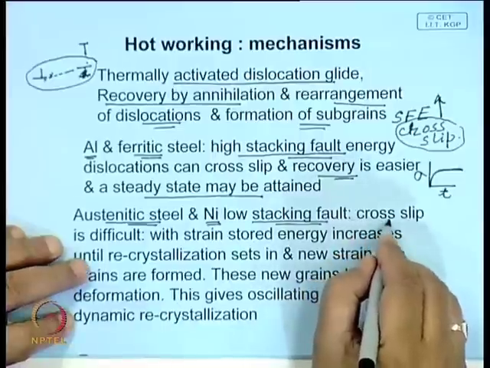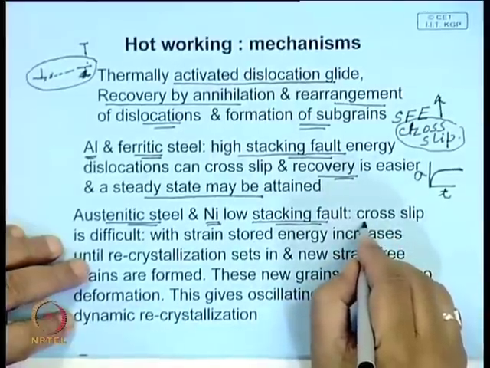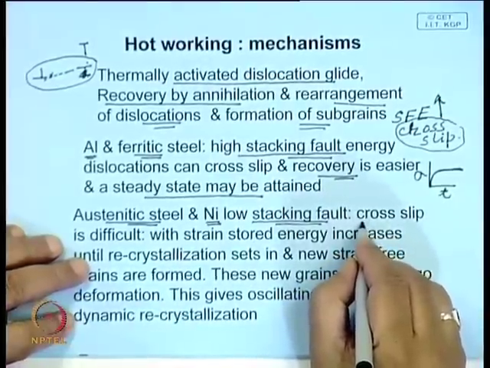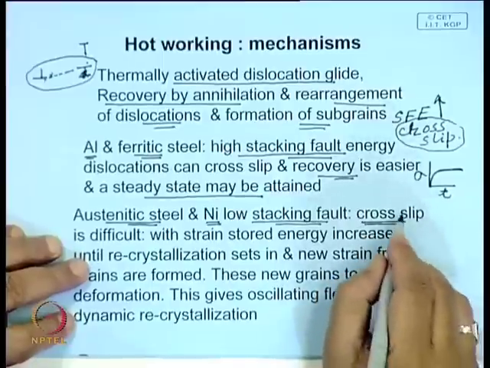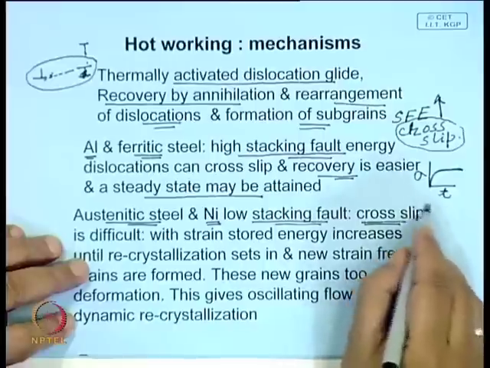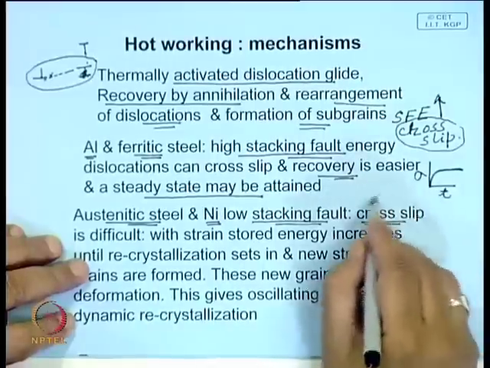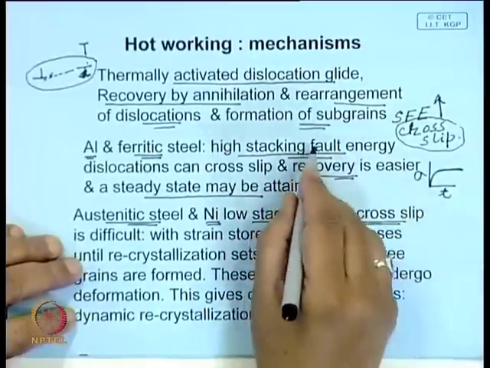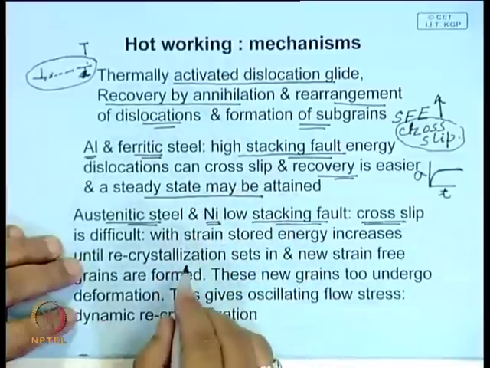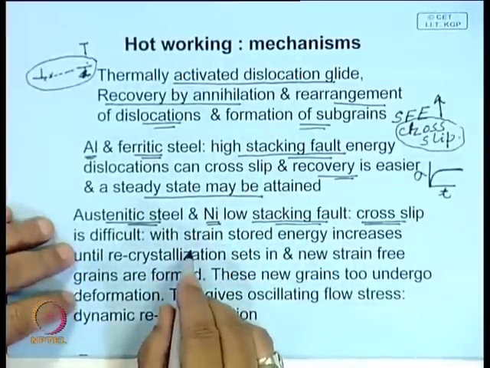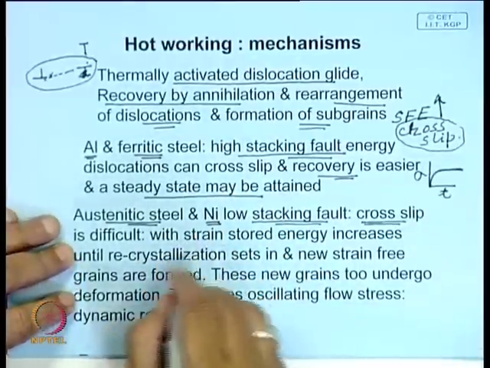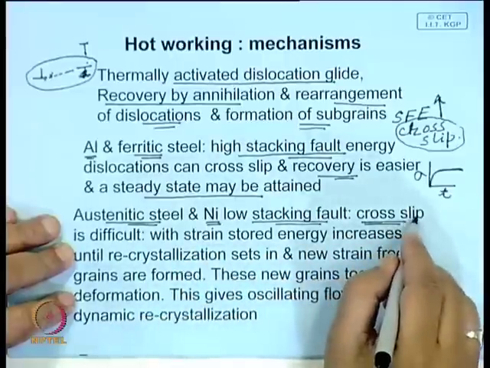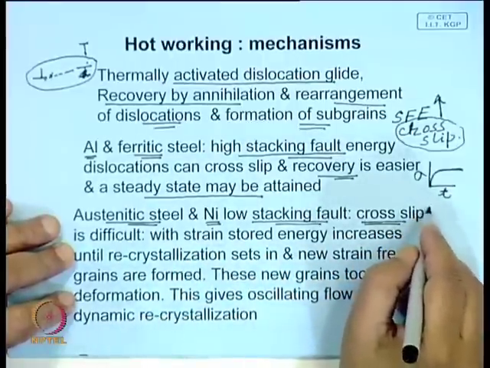Here the dislocations which split into partials cannot cross slip. The slip planes are very specific. So, it will be unable to cross slip, and such dislocation network or boundary formation and recovery process will be more difficult.